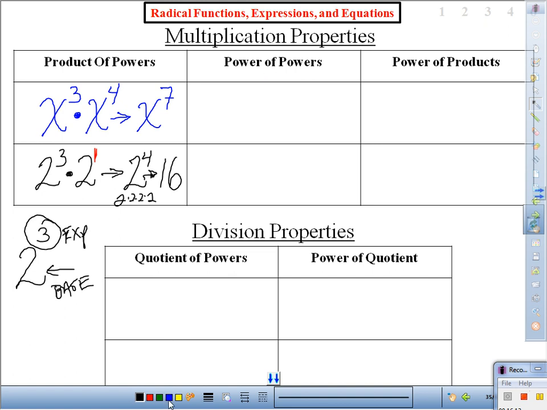All right, let's go to power of powers. Whenever you see a property that starts with the word power, always start with a parenthesis. Okay? There we go. x to the third, close parentheses, to the 5th power. So, here we go. Look up.